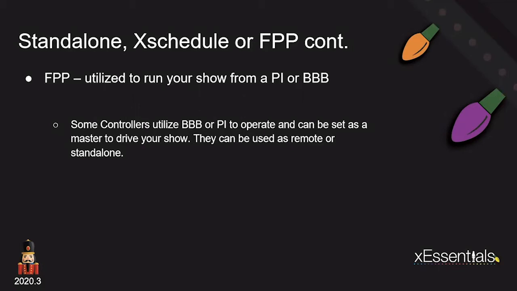Very, very useful type of controller. They operate in Standalone. You can set them as a master to drive the entire show. You can run them in remote mode if you're running another master. If you're running two BBB controllers, two BeagleBone controllers, you can use one as a master and the other as a remote, and you don't have to have a separate Pi or BeagleBone to drive your show. And they can also be run in Standalone.